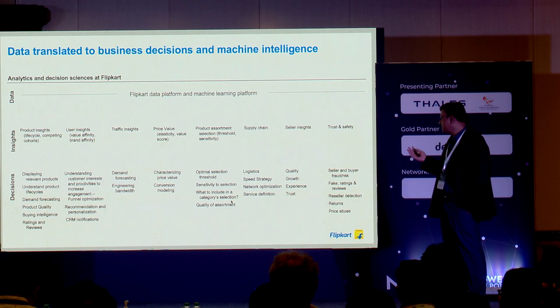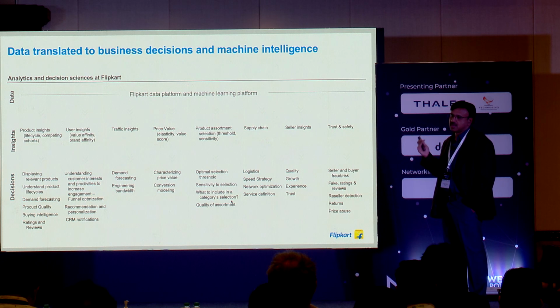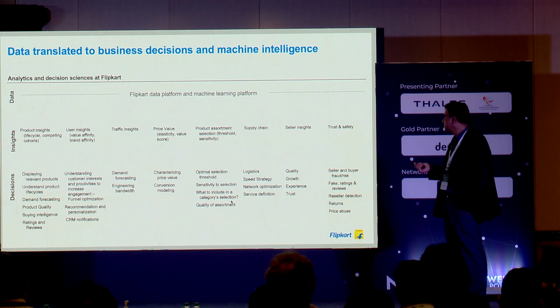Supply chain, a lot of things on supply chain, speed: how do you drive speed, how do you drive network design, how do you drive structures around different components of the supply chain, understanding where you locate your hubs, where you locate kiranas which can deliver for you, things of that nature.